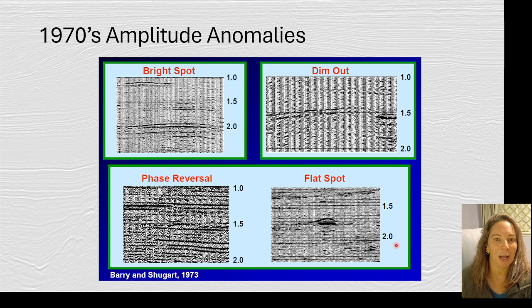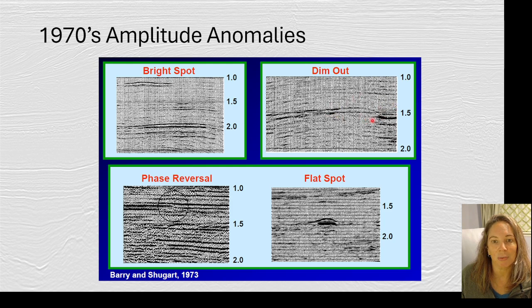Like I mentioned, back in the 1970s, these were the thing that folks were prospecting for. This is a really cool example, I think, of the quality of seismic we had in the 1970s and what they were looking for. In this case, we've got some bright spots right in here. Here we've got what they called a dim out, but now we call a dim spot.